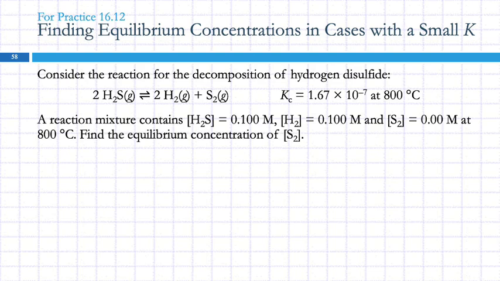Here's an actual chemical reaction. H2S decomposing into hydrogen and sulfur. Here's our equilibrium constant, 1.67 times 10 to the minus 7, so that's nice and small. At 800 degrees, why are they telling us that? Because this is the constant at that particular temperature, and we can use it if the reaction is at that temperature, right?